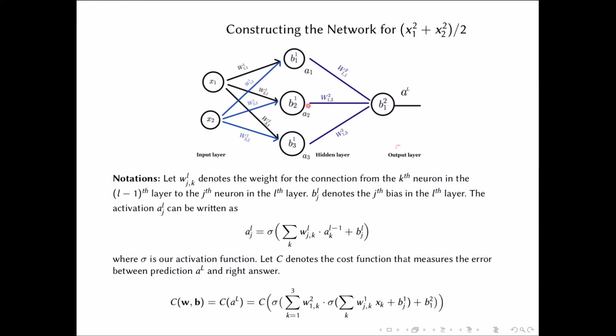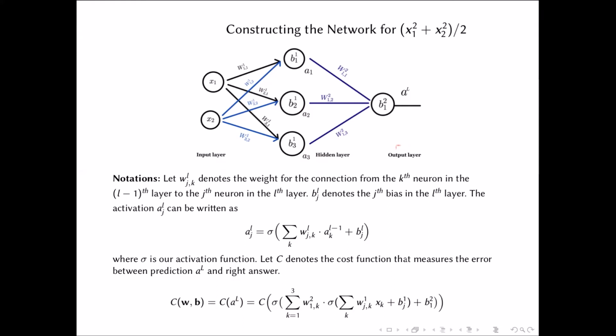And again, a1, a2, and a3 are also functions of the weights and biases between the input layer and the hidden layer. So the cost, or the error, of this network is just a function of an activation function composed with another activation function, where the variables are the weights and biases in each layer.